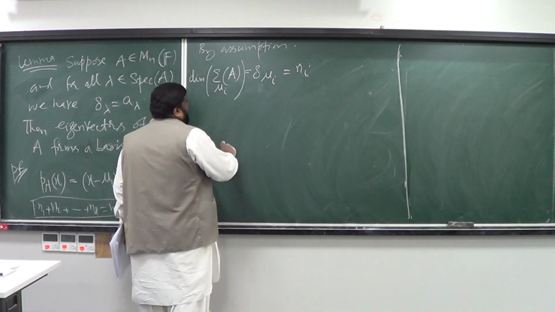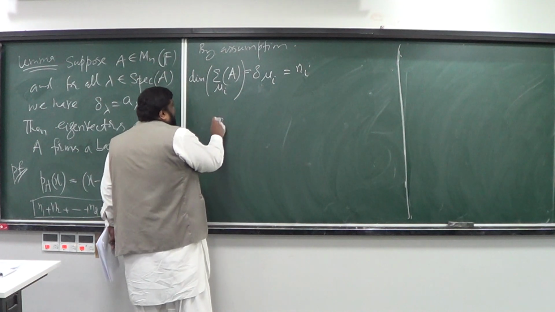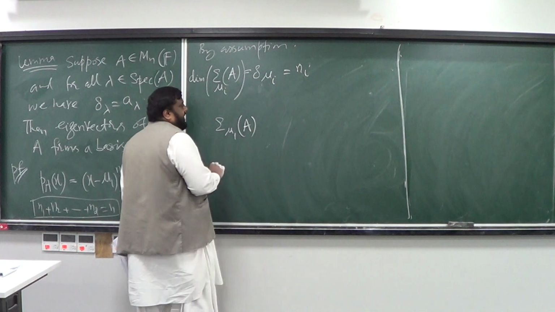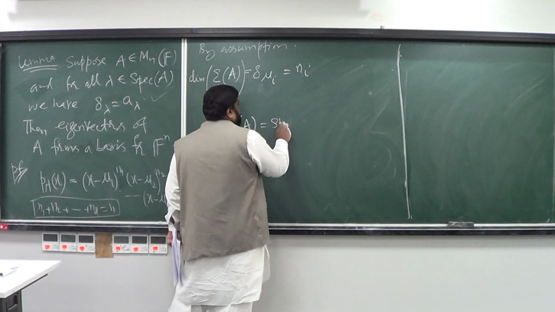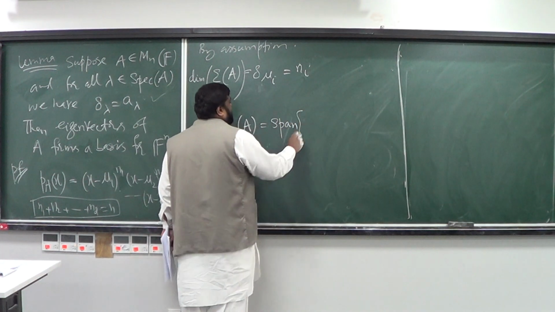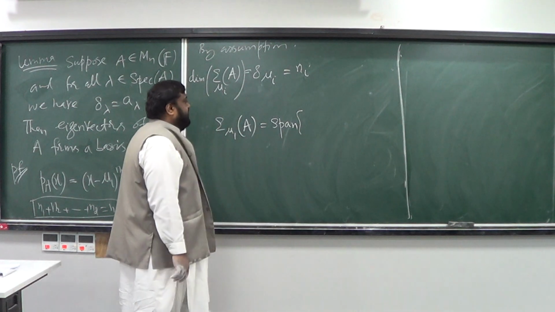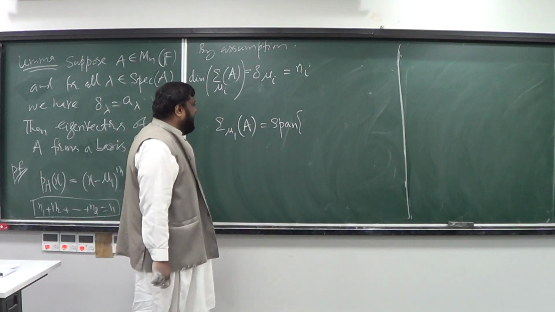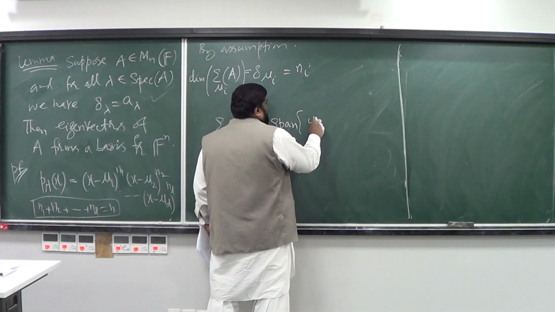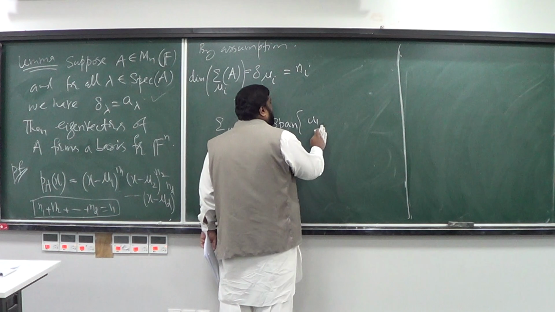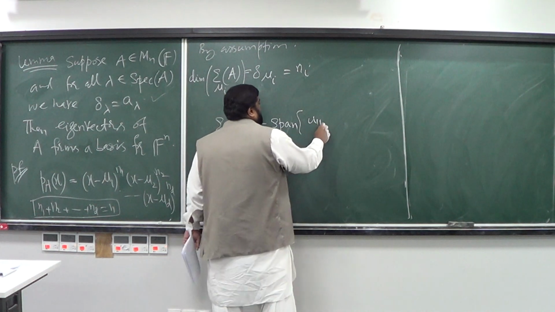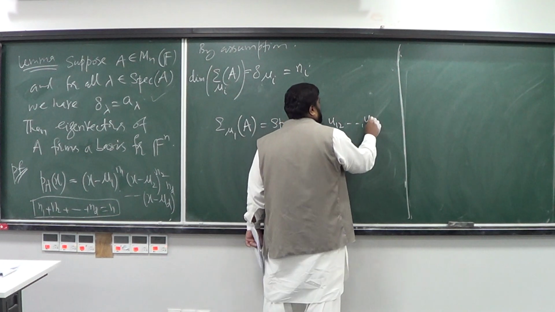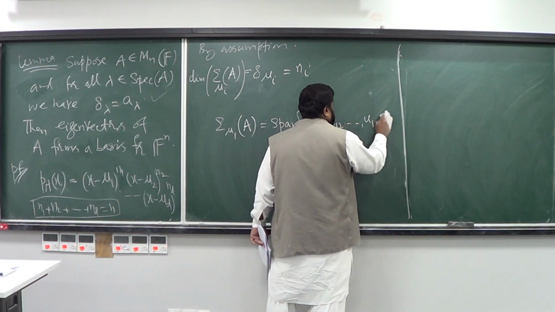So let's give them names actually. For the eigenspace of mu1 of A, let me write it. This is equal to the span of, let's assume that it is spanned by these linearly independent vectors. Let's call them u11, u12 up to u1n1 actually.